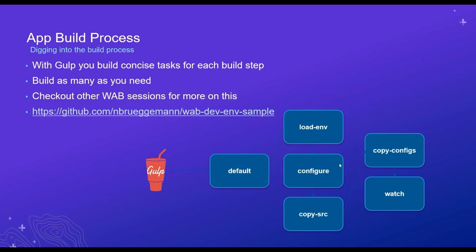One loads the environment, one does the configuration based on the environment, one copies the source, one copies the configs, and one, after everything's copied and everything's settled down, watches for code changes in any of those locations, and then responds to the code change as necessary, whether it's copying a file over to the build application or rerunning the whole environment configuration process over again. The watch tasks are what keep the build system running.